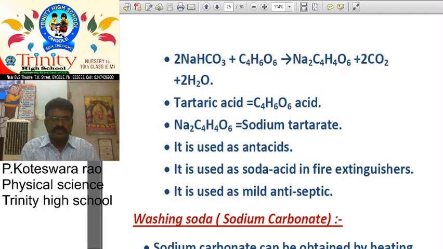But according to our concept, the main example is baking powder. For which purpose do we use baking powder? We already told, baking powder is the mixture of baking soda and tartaric acid. While preparing pakodis, cakes, bread, if you touch their surface, how is it?